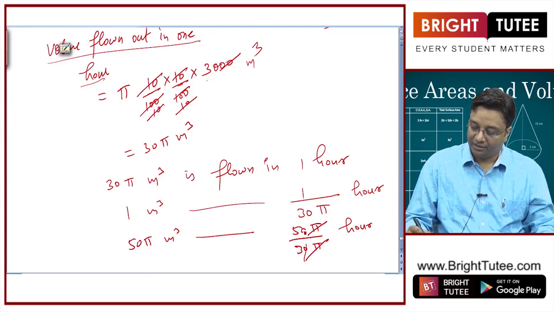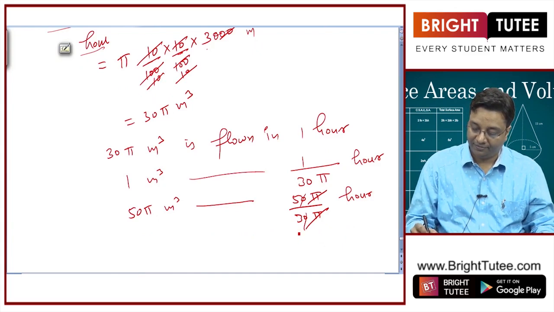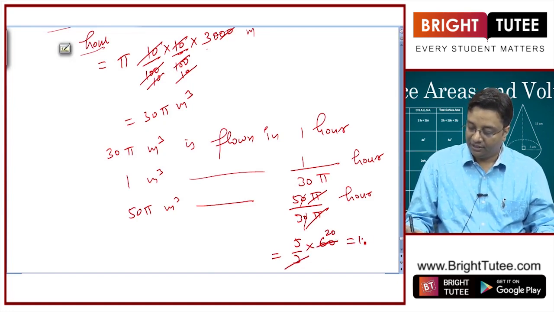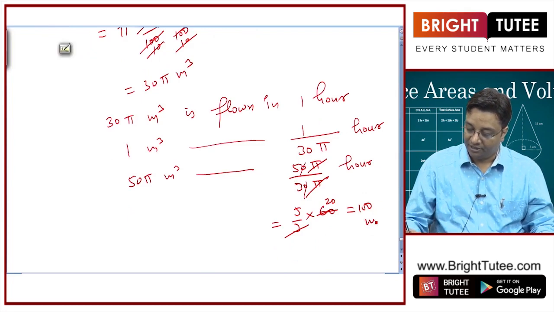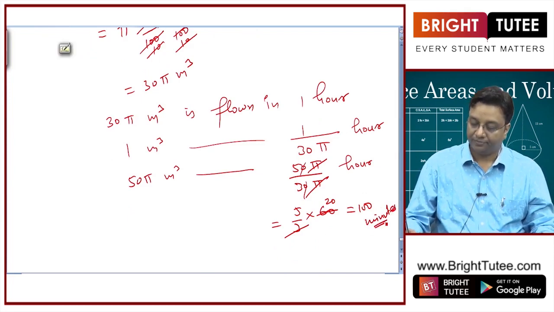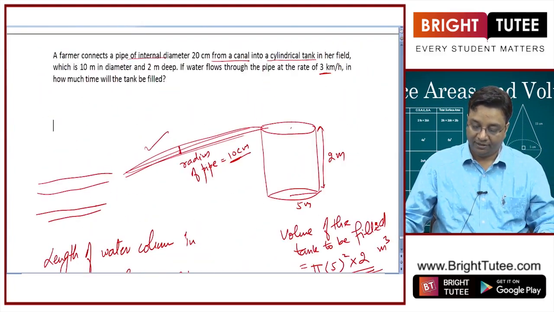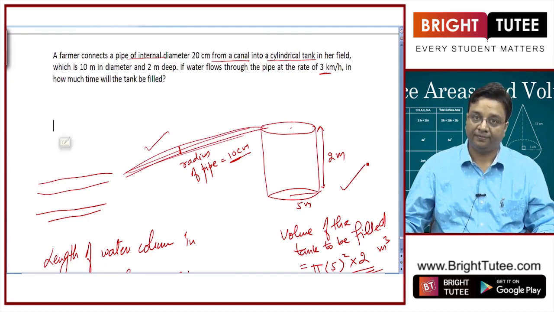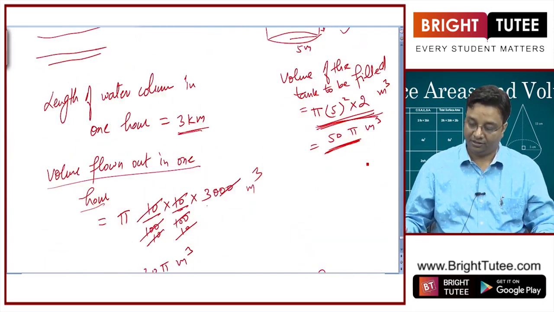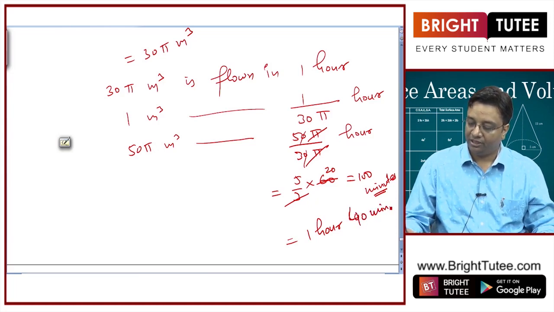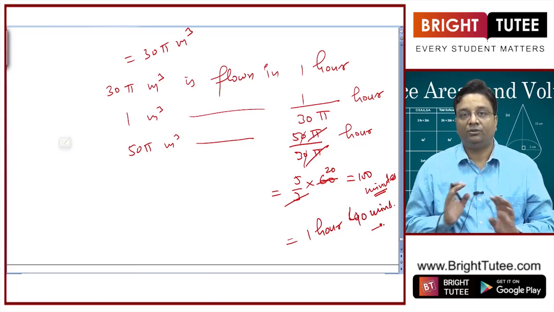So pi can be cancelled, this will give you 5 by 3 hours, which can be converted into minutes by multiplying it with 60. So this is 100 minutes, right? So in 100 minutes this tank will be filled. Rather than writing 100 minutes, you can also write 1 hour 40 minutes. So it depends on the format of the answer that you need to write it into.